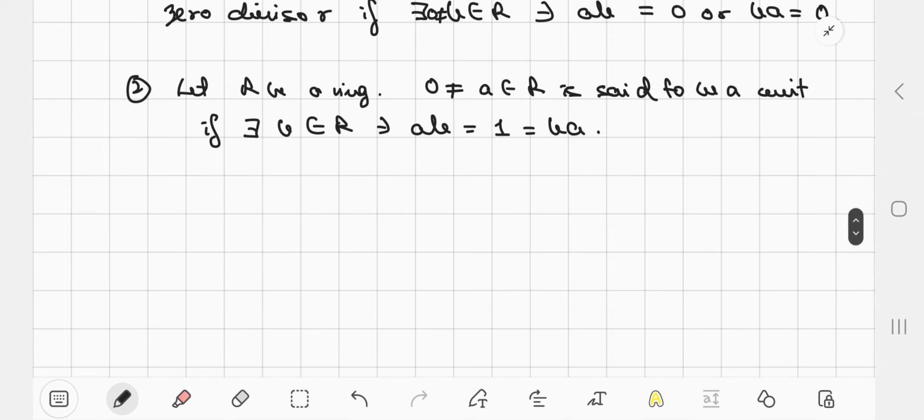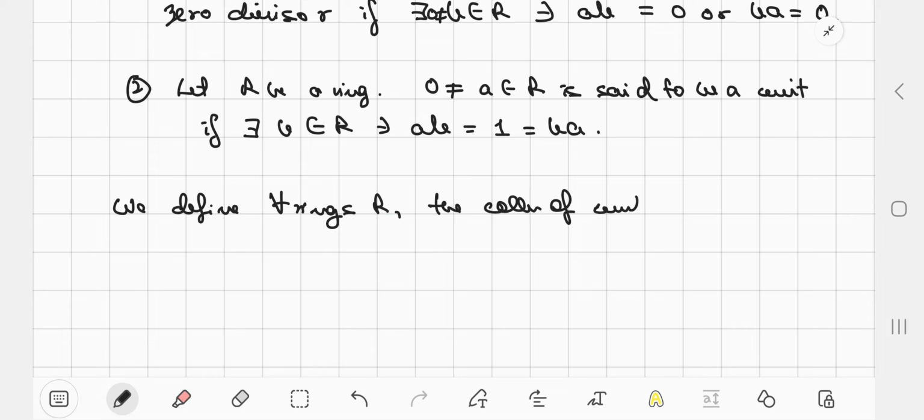So for all rings, we denote the collection of units of R as R cross.